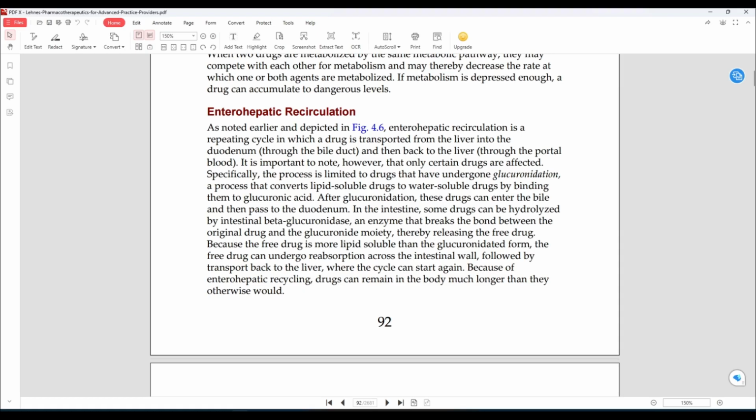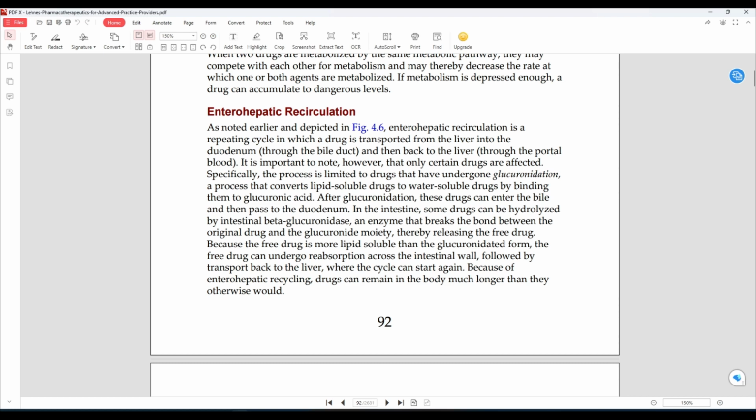Specifically, the process is limited to drugs that have undergone glucuronidation, a process that converts lipid-soluble drugs to water-soluble drugs by binding them to glucuronic acid. After glucuronidation, these drugs can enter the bile and then pass to the duodenum.